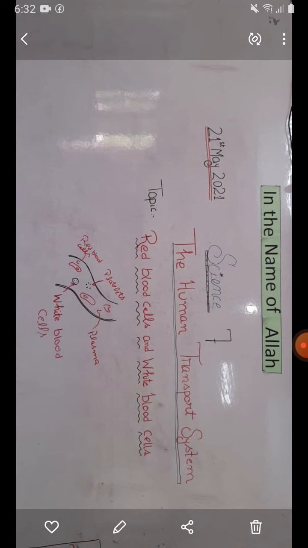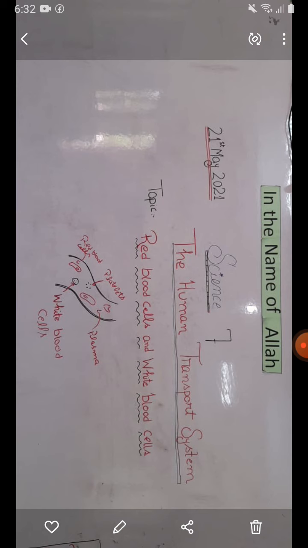Now coming to the white blood cells, there are several types of white blood cells. Each type has a different shaped nucleus, and on average a white blood cell is about twice as big as a red blood cell.